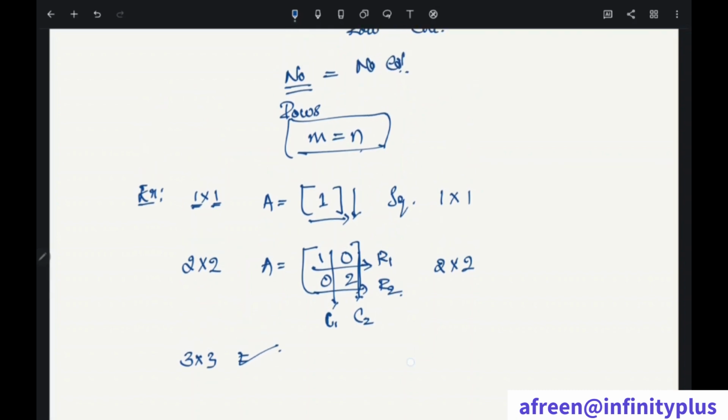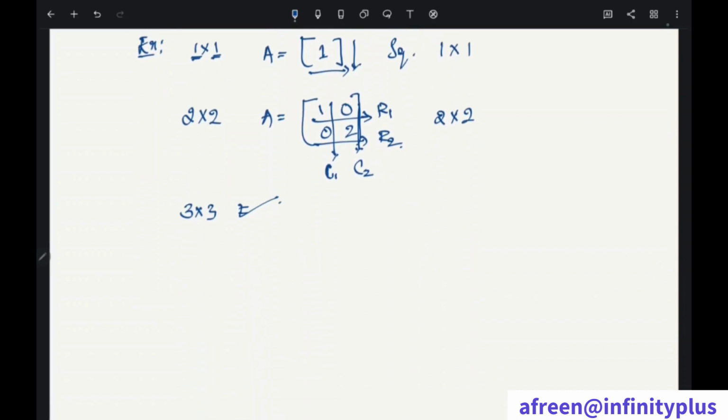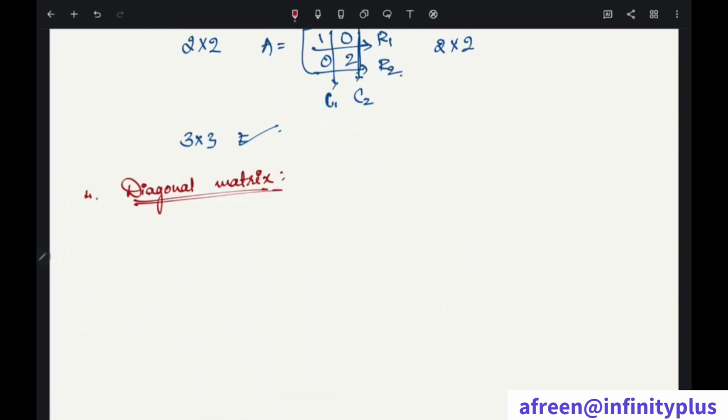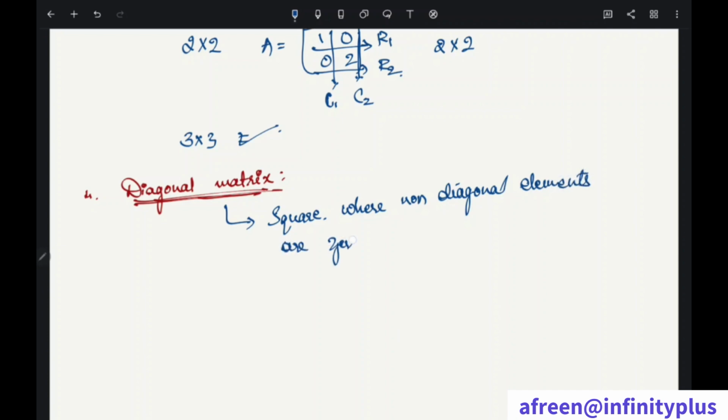Let's dwell into the next type of matrix. The next type of matrix is a diagonal matrix. A diagonal matrix is a square matrix where the non-diagonal elements of the matrix are 0.